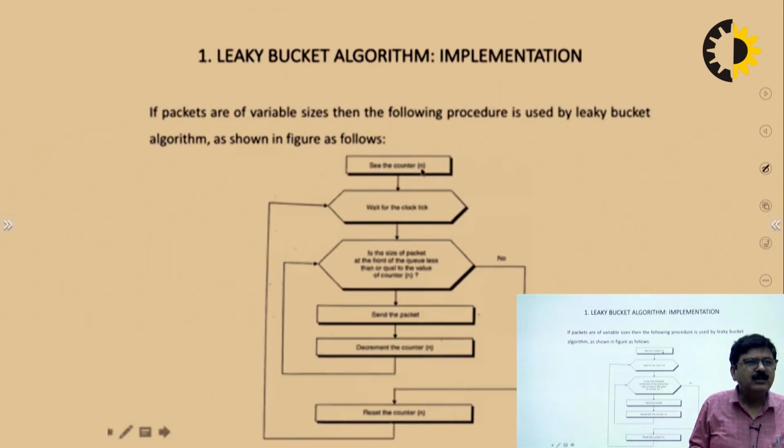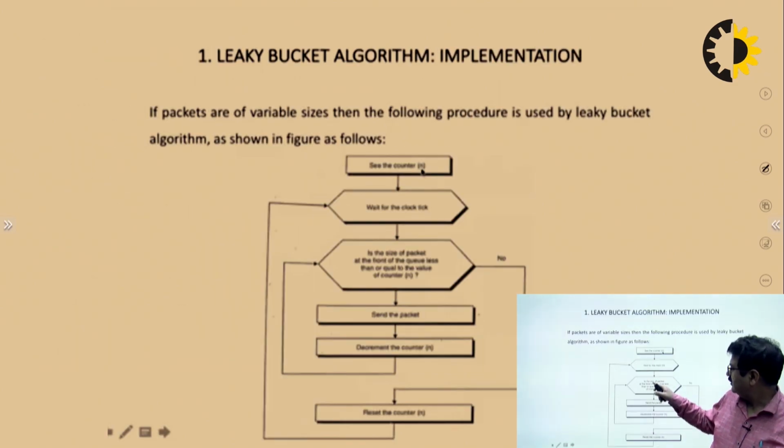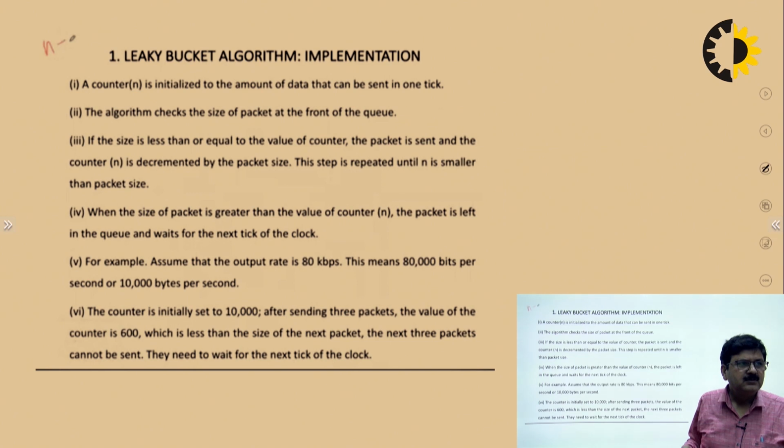This is the flow chart. We initialize the counter to the initial amount of data that can be sent in one tick, for example 1024 as in the previous example.